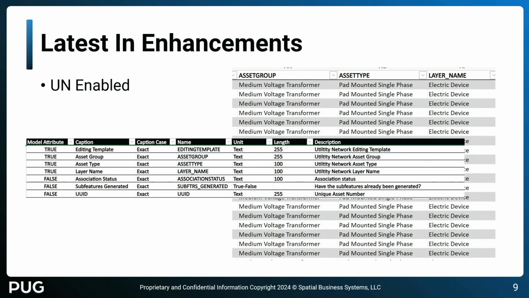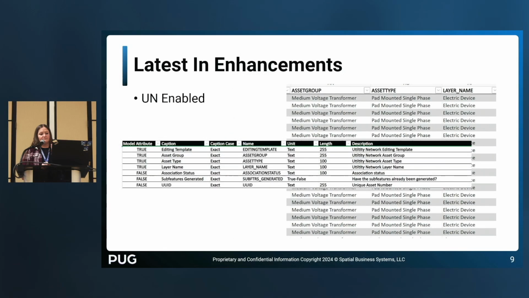Again, to help our new customers doing a UN implementation, the configurer doesn't have to remember to go in and add these attributes, or they get misnamed, or they miss being on the model table, and it puts it right in your face as far as getting it filled in. But the other part is, again, for helping us move things along faster.